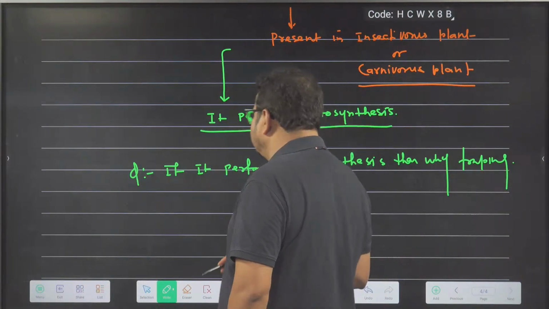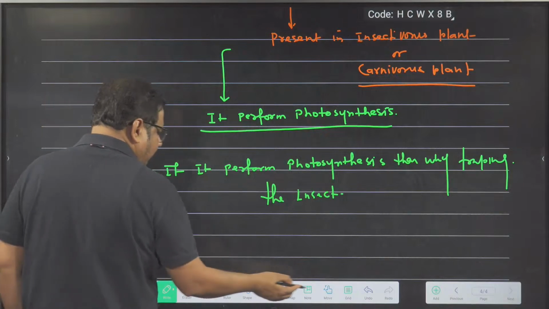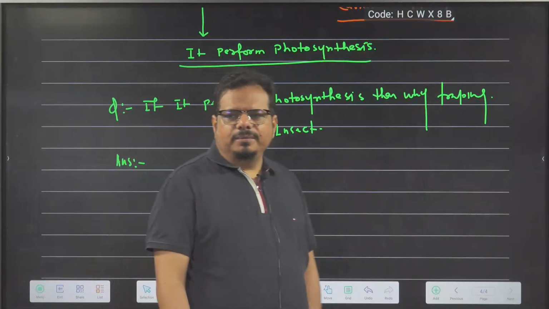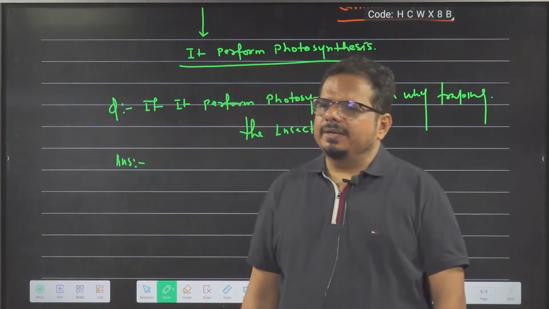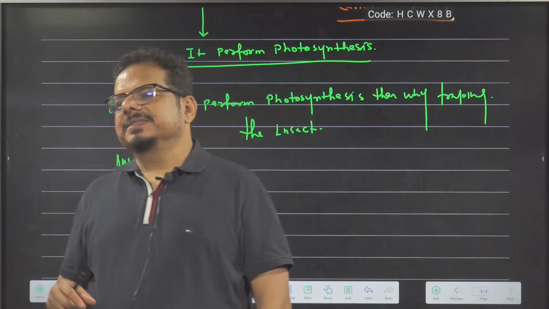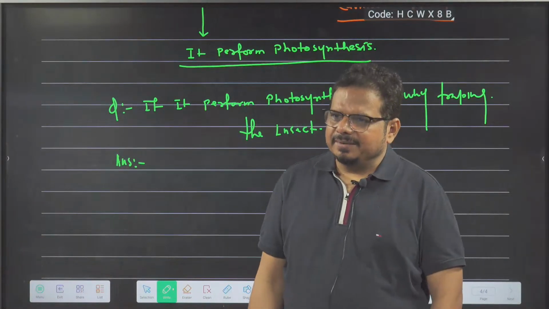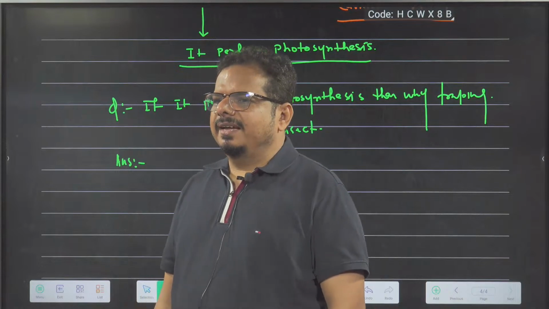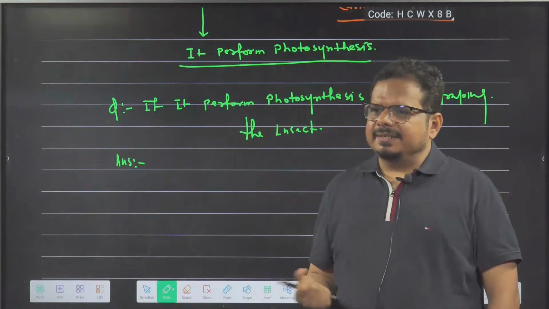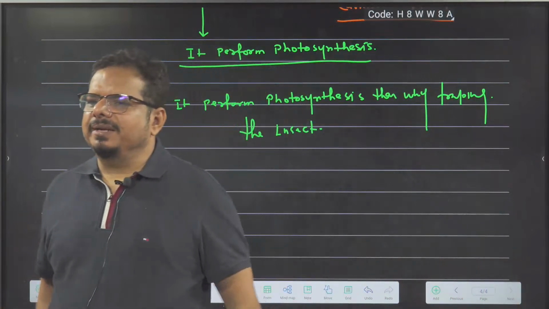Actually, these plants grow in nutrient-deficient soil. Got the idea? So they fulfill their requirement of nutrients like nitrogen, phosphorus, and sulfur by trapping the insect. They trap the insect, digest it, and after digestion, they absorb these nutrients.